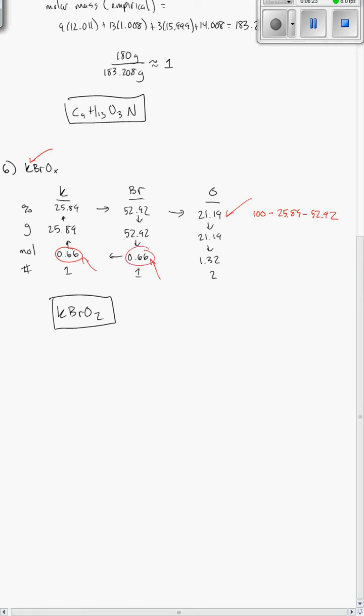In this case, we have 2 with 0.66 and 1 with 1.32. You divide all the numbers of moles by that smallest number to get something that hopefully is close to whole numbers. So in this case, the whole numbers are 1 for K, 1 for Br, and 2 for O. These are the subscripts in our compound. So that gives us the formula of KBrO2 for our oxybromate compound.